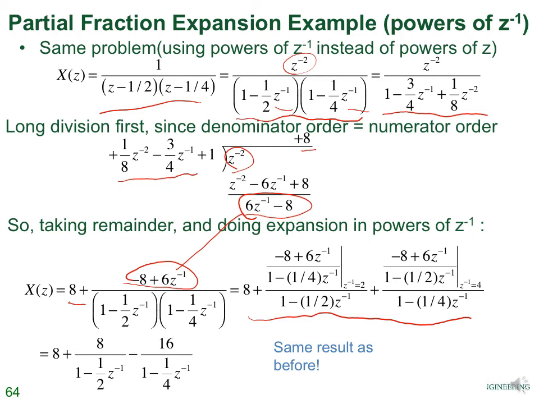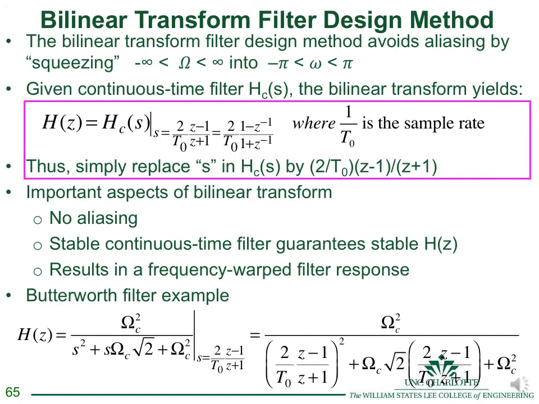So one of the utilities of working with the Z transform is that there are methods that allow you to translate a filter in continuous time to a filter in discrete time. And so you get the digital equivalent implementation of an analog filter.